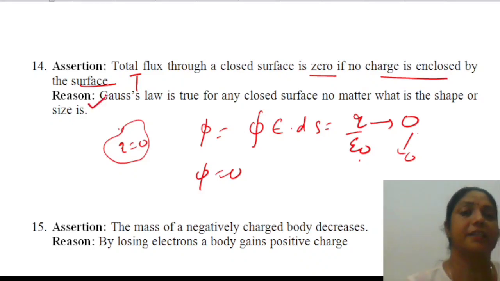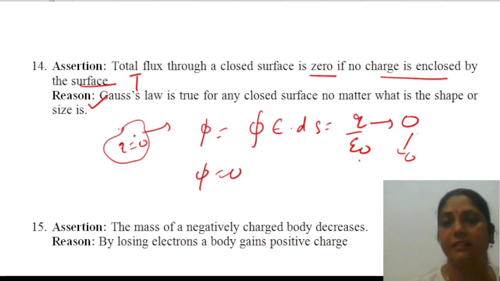Read this statement. Reason: Gauss law is true for any closed surface, no matter what its shape or size. Yes, this surface must be closed. The Gaussian surface must be closed, whatever its shape or size, whatever its dimension. It does not depend upon shape and size. Only the surface must be closed, and the total flux depends on the amount of charge enclosed by that surface. So Gauss law is true for any closed surface no matter what its shape or size.